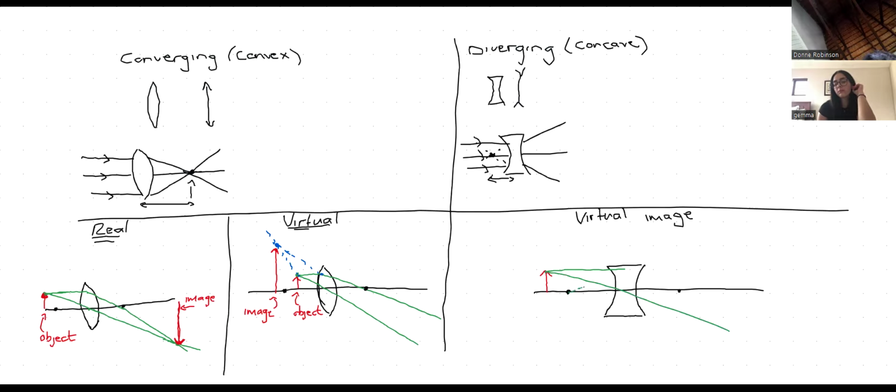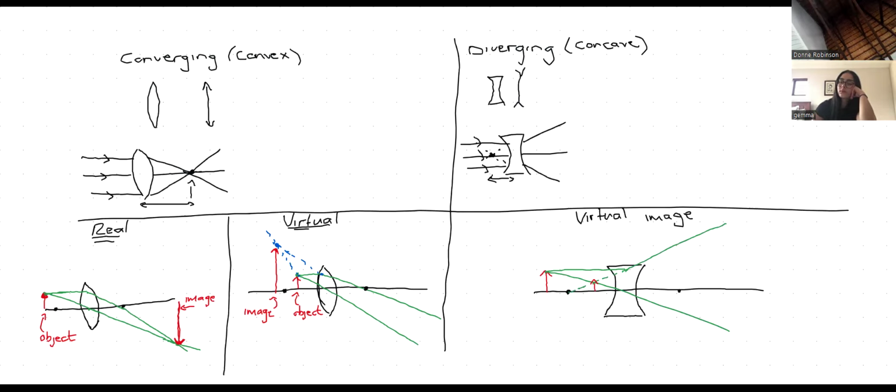Here where they meet, we now know that it's going to go into that direction. Okay. Now, right here where they meet, that will be my image. So you can see that they are facing the same way and they're on the same side, meaning it's a virtual image. The object here is also smaller.